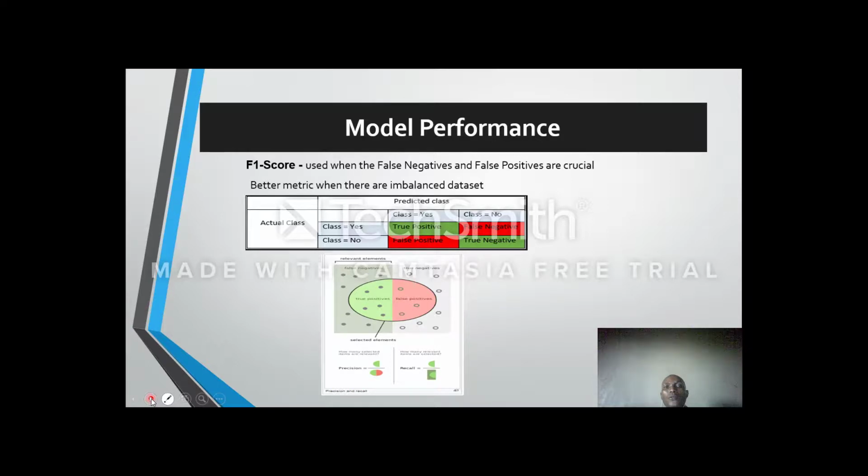F1 helps us address this, so that at the end of the day our model will give optimum performance. As you can see, the actual class shows the true positive and the true negative. Those are our targets. But the false positive and the false negative are areas that we don't want our model to predict.